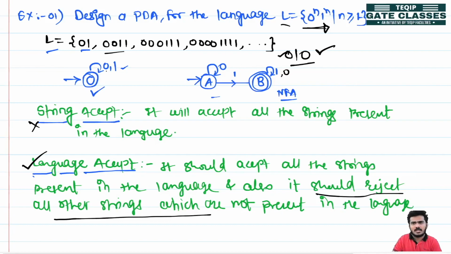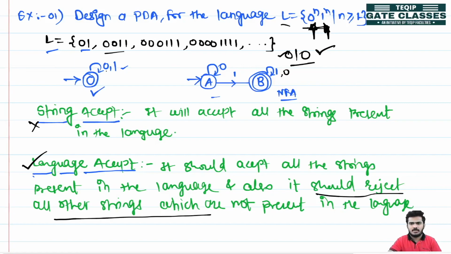We have to count how many zeros came till now, and after that how many ones came. Only if they are equal will we allow it, otherwise we will reject, or we can say that the particular string will not be accepted by the PDA. Let's see the working of PDA.